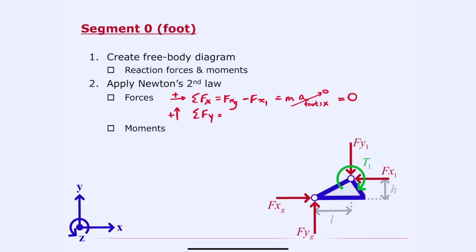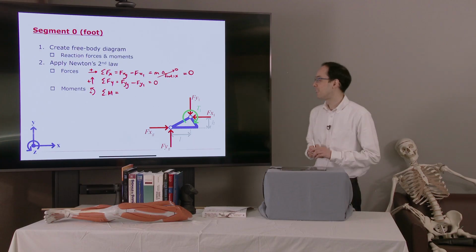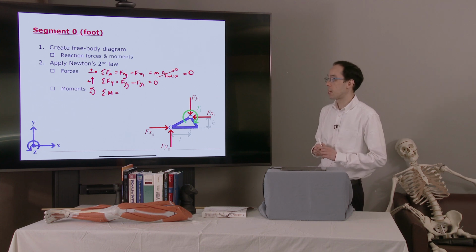Sum of the forces in the y direction, we have Fyg minus Fy1. Again, this equals 0. And for moments, I'll pick the positive z direction as the positive direction when we compute the sum. So the sum of the moments equals what? Now we need to decide about which point we're going to take moments.